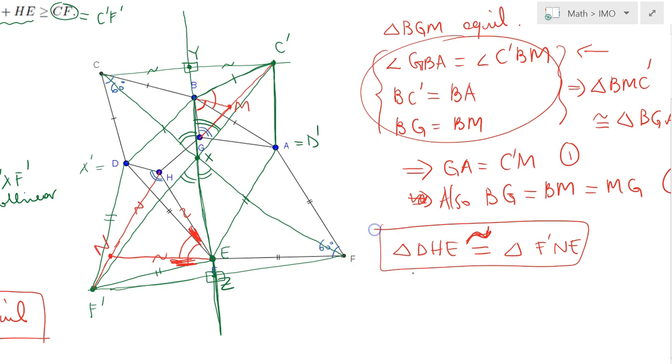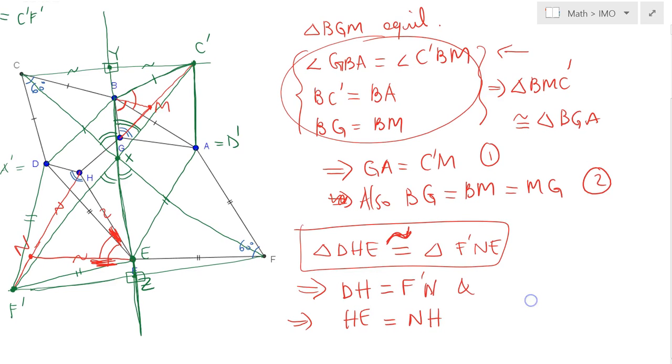But the congruence of these two triangles would imply, now let's stitch the pieces together, that DH is simply equal to F prime N. And finally, it also implies that HE is equal to NH, and we're done.